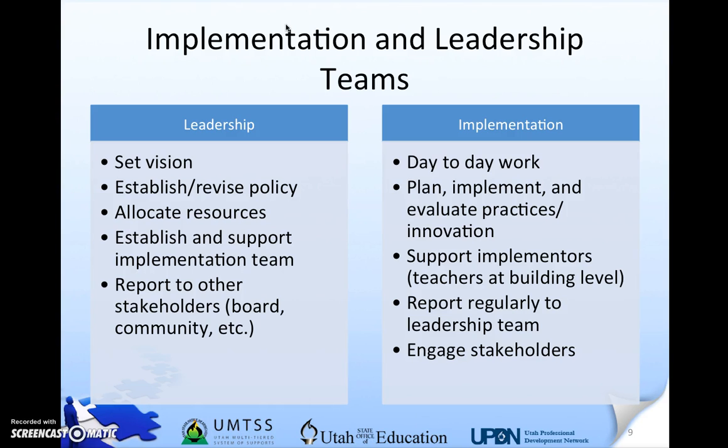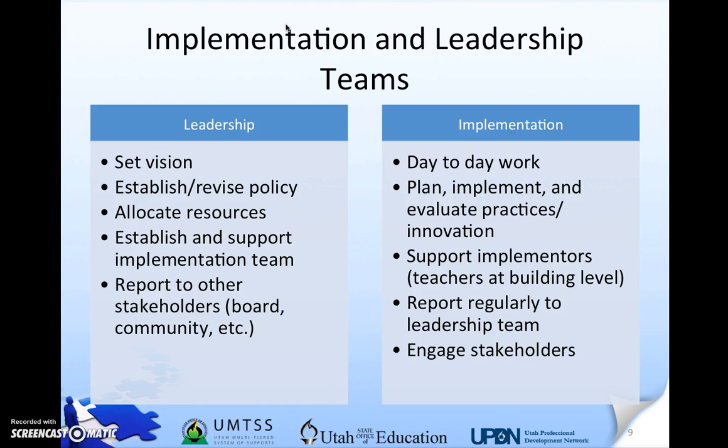They should also not just operate in isolation. We'll talk more about this today and certainly in future courses about the importance of feedback loops. They should report regularly to the leadership team to make sure that there's alignment with the vision. And perhaps the efforts of the implementation will guide the leadership team to make alterations in the vision or in policy, so they're being responsive to the practices and the implementation.